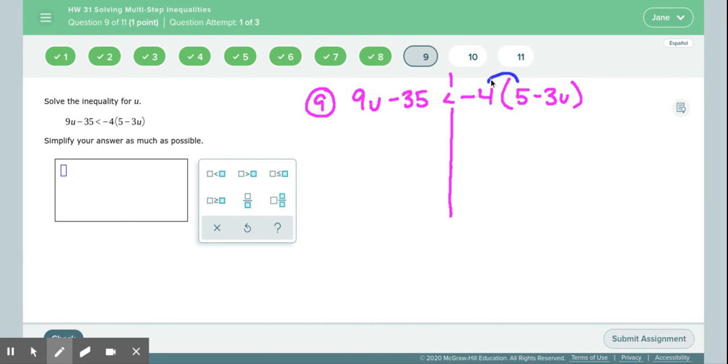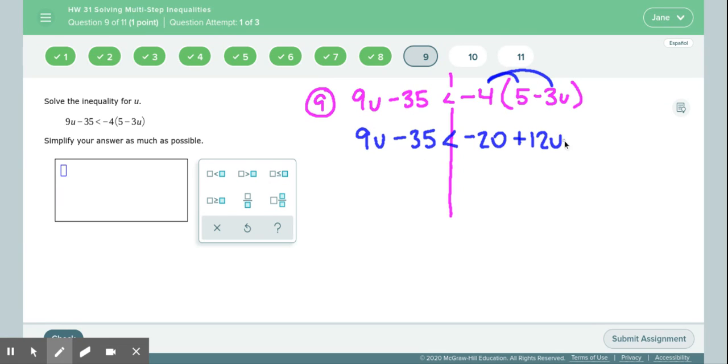So very first thing I should do is get rid of the parentheses. Parentheses mean multiply. So on my right-hand side only, I am going to multiply by what's attached to the parentheses. So that's negative 4. Negative 4 times 5 is negative 20. And then negative 4 times negative 3 is positive 12, and that still has the u with it.